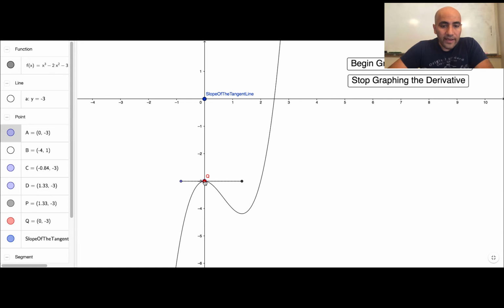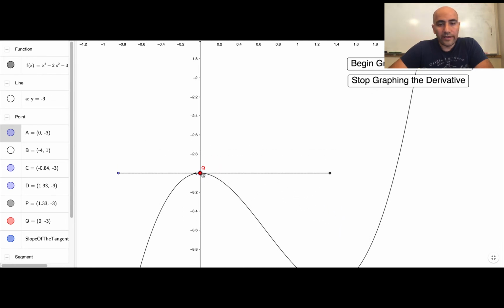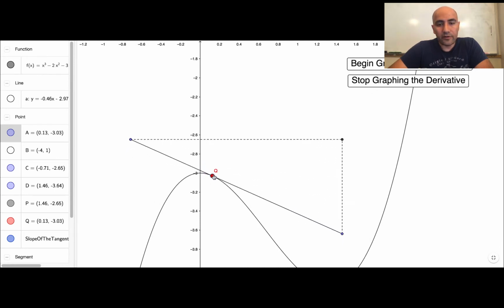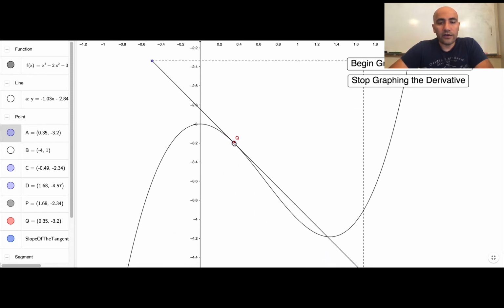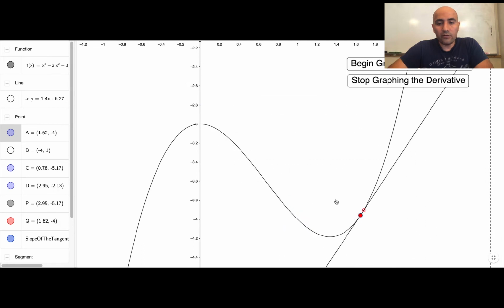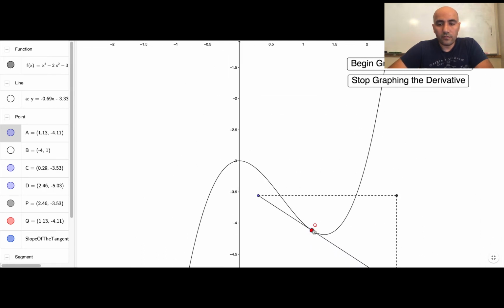Following just a little bit past that, we see that the slope is going to turn into a very small negative. Zoom into there a little bit more. The slope is going to be a small negative, and then it gets to a bigger negative, bigger negative. It's negative all the way out through here until we get to the point down here, at which point we have another horizontal tangent.